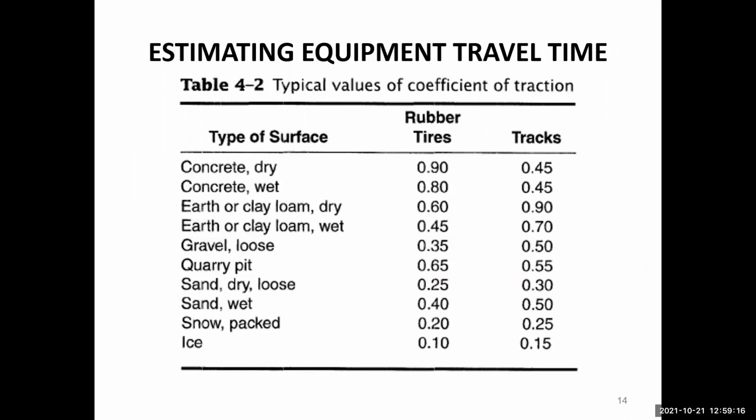Table 4-2. Typical values of the coefficient of traction can be determined from this table. Depending on the type of surface, and whether there are rubber tires or tracks, the coefficient of traction can be taken from this table.